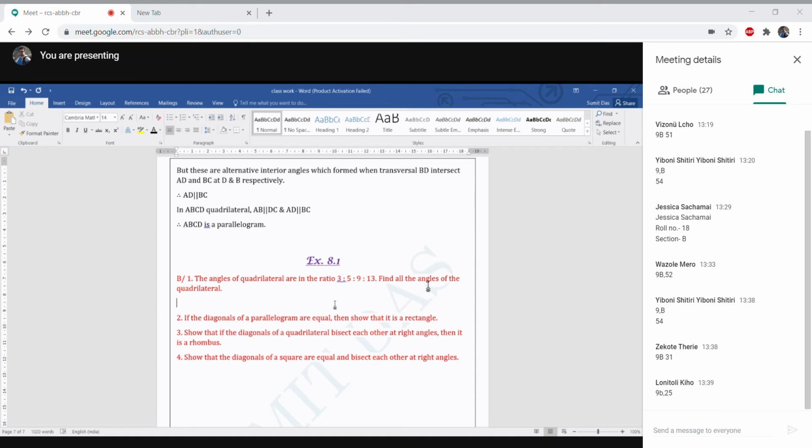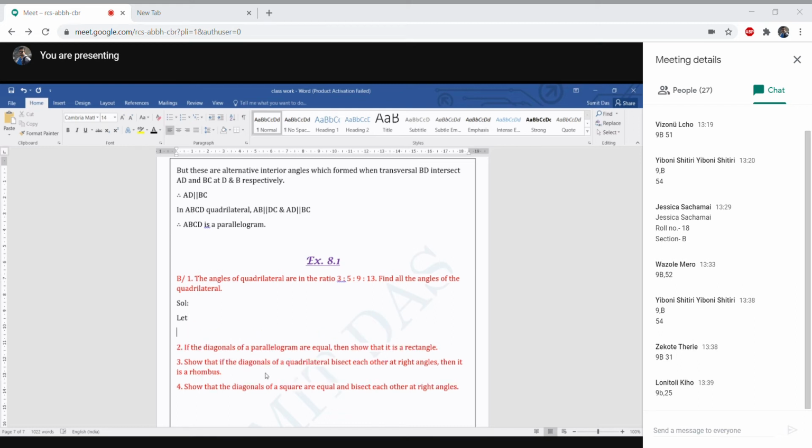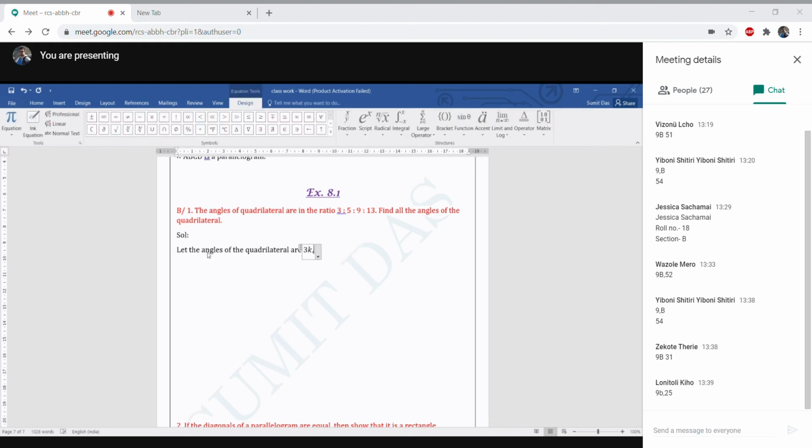So how to do? We'll do like this. Let the angles of the quadrilateral be 3k, 5k, 9k, 13k. Whenever a ratio is given, this is the way we do it.